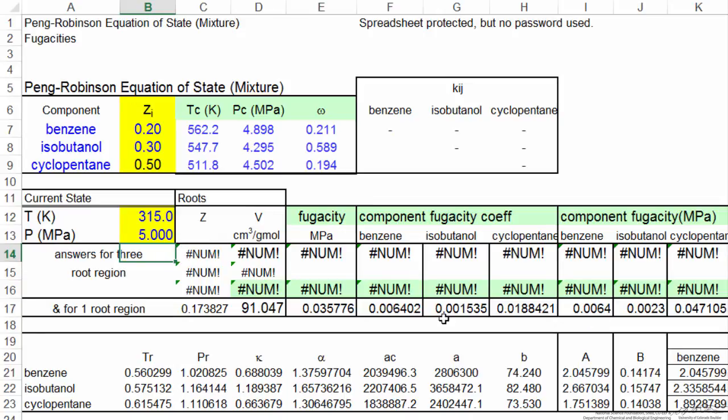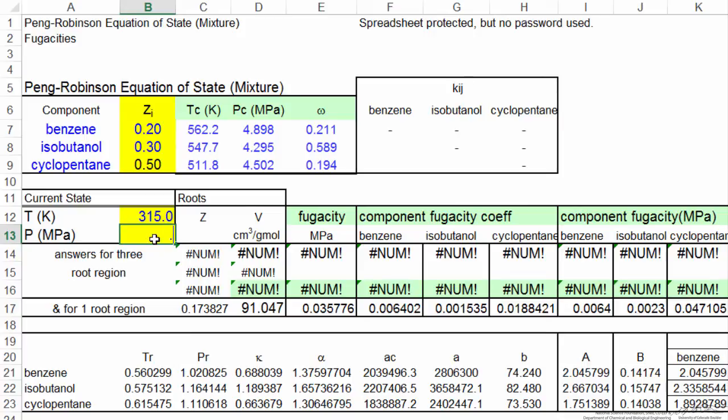Well, now we're in the one root region, so we don't talk about liquid and vapor the same way, but clearly this is a low fugacity. This is a liquid. We're above the critical pressures for the components, but not the critical temperatures. So the fugacity changed slightly for this rather large change in pressure.